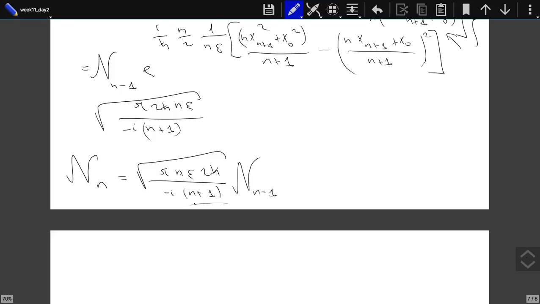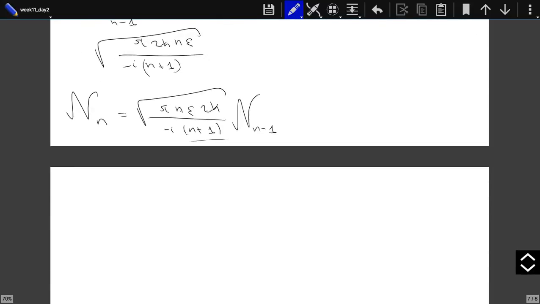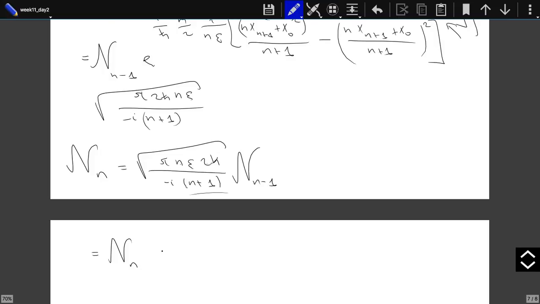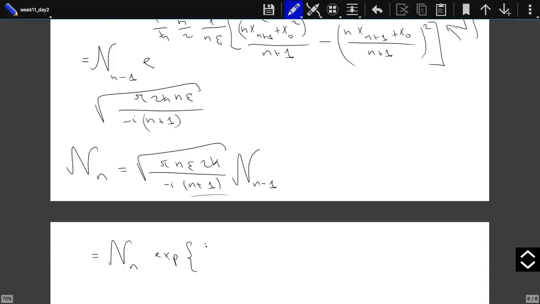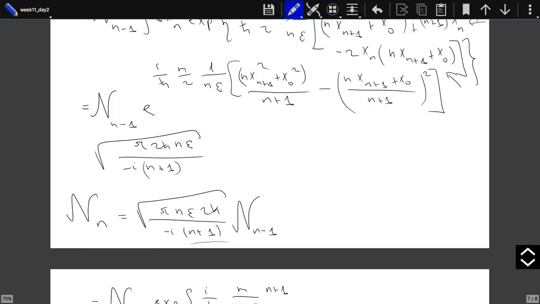Now let's look at the exponent. This is my normalization now. The exponent: i over h bar m over 2n epsilon. And let's also take the n plus 1 out. Now 1 over n plus 1 squared out.